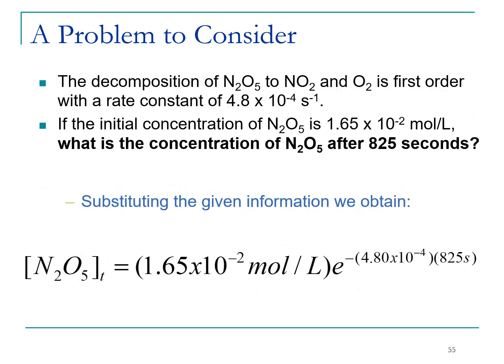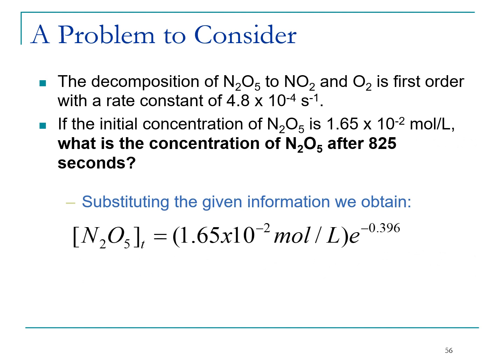And if I plug those numbers in, so here's the initial concentration, 1.65 times 10 to the minus 2 molar, E raised to the negative 4.8 times 10 to the minus 4th, times 825, so you want to do that before you take the E of it. On your calculator, your E button should be right under your natural log button, and so usually it's a second natural log button depending on your calculator.